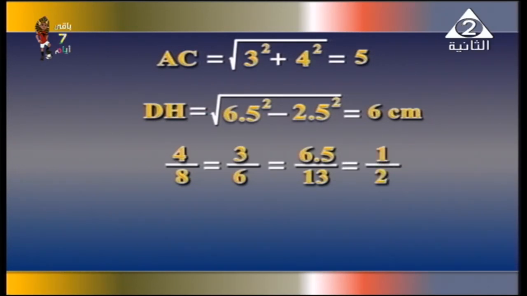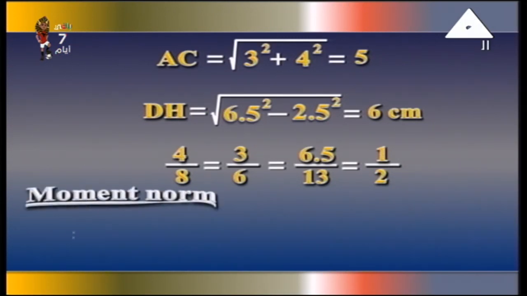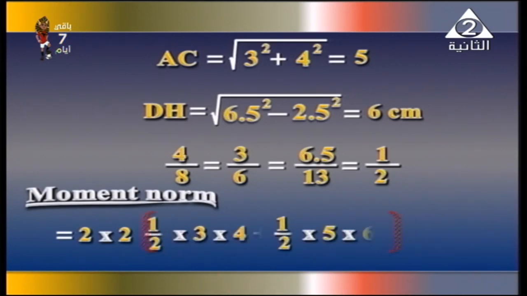Moment norm, we multiply 2 times 2 times half times 3 times 4 plus half times 5 times 6. My dear student, we know that in the moment of a couple, the ratio is constant 1/2, this is 4 over 8.